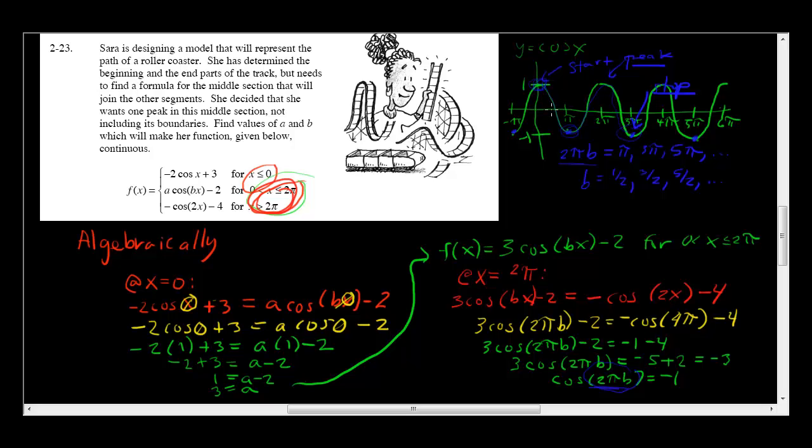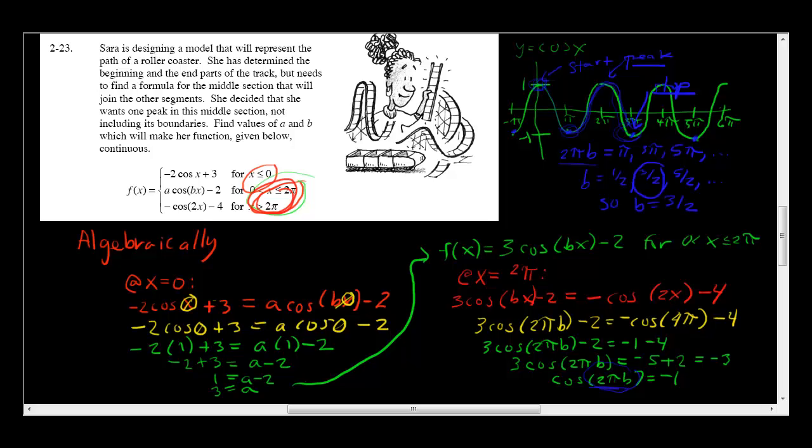But we need this peak, because as she says in the problem, we want one peak. So this is where we have to think both algebraically and graphically to understand that to get one peak here, we need b being 3/2, and not 1/2, and not 5/2, and so on.